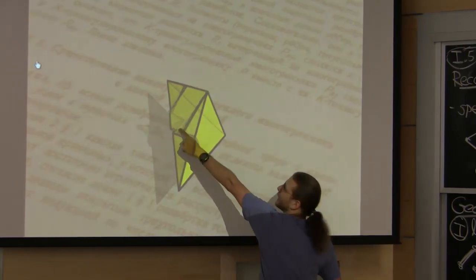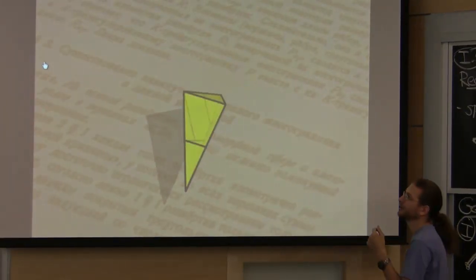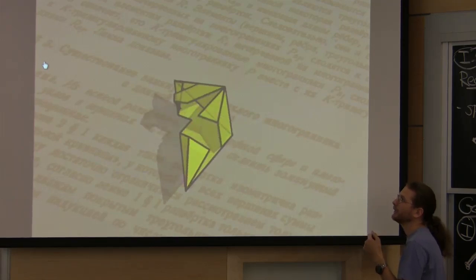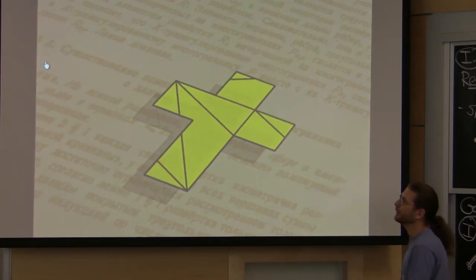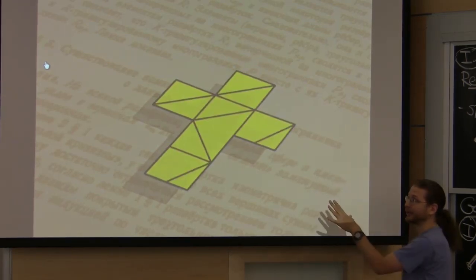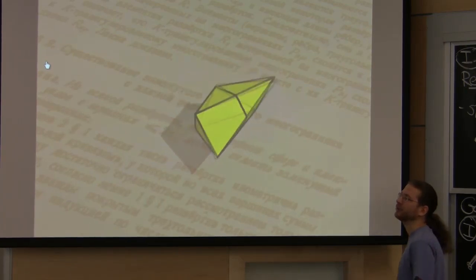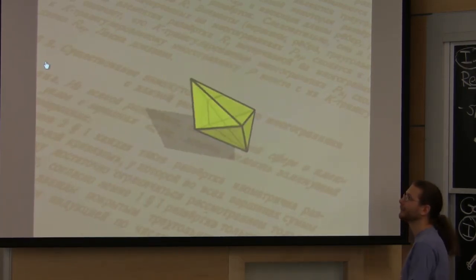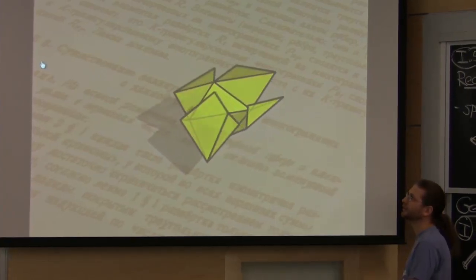So here, this pocket fits perfectly into that tab. I make a tetrahedron. And the last thing you can make with something called edge-to-edge gluings, I'll talk about this more. There's an algorithm here, which, given a polygon, will list all of the things it can fold into in a reasonable amount of time. This is an octahedron. Those are the 5 things you can make by edge-to-edge gluings of the cross.